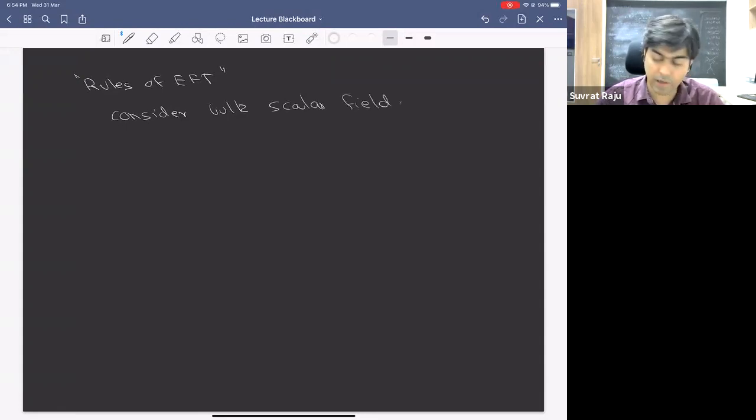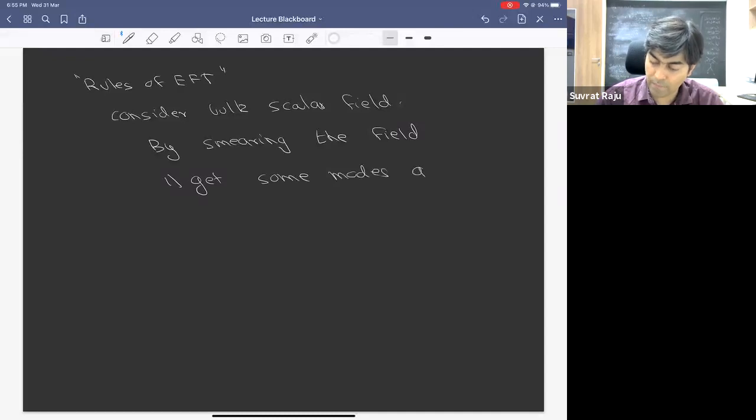And then the rule we want is only that by smearing the field, we can get some modes which we will call A omega outside the horizon, and some modes which we will call A tilde omega, which you get by smearing the field behind the horizon.